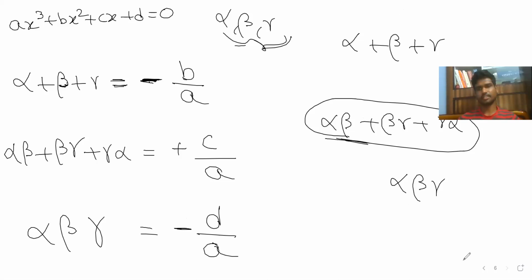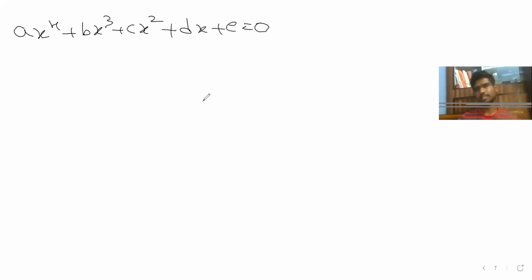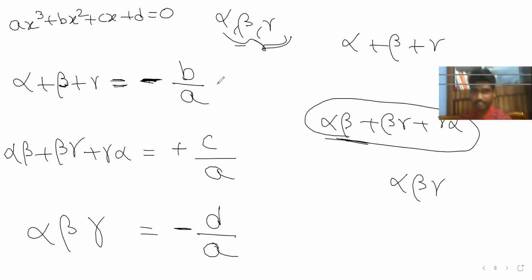Not only for this: if it is like a x to the power 4 plus b x cube plus c x square plus dx plus e equal to 0, you can apply the same thing for all. Here we have alpha, beta, gamma, delta. First understand this.